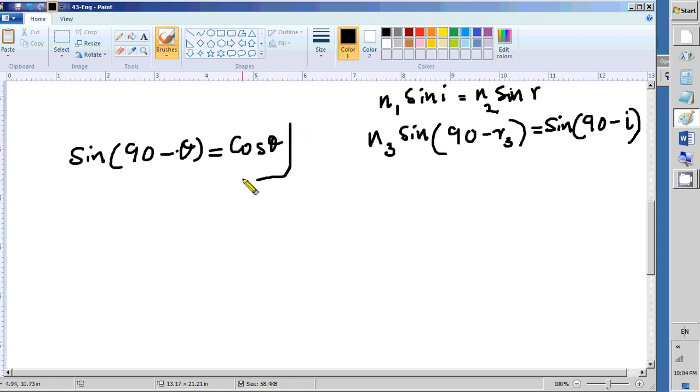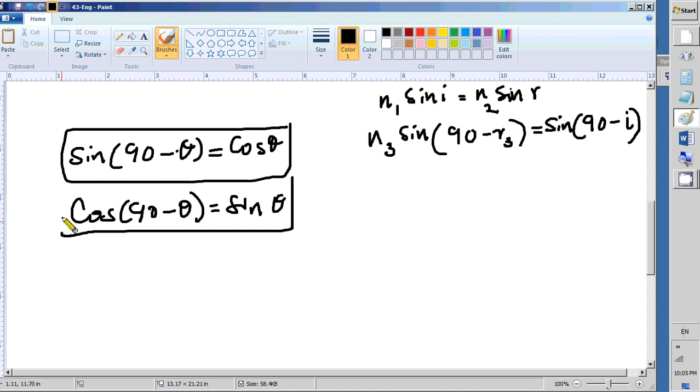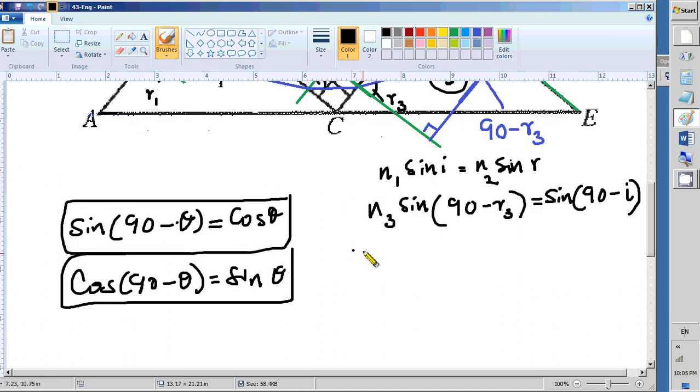That is the equation you have to keep in your mind, and also you can write cos of 90 minus theta equals sin theta. So here we can substitute it, N3 sin, instead of 90 minus R3 we write just R, cos not sin.